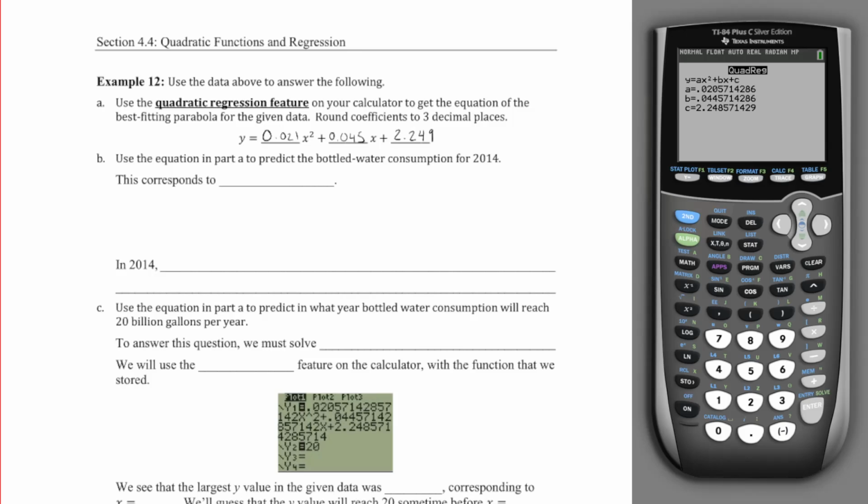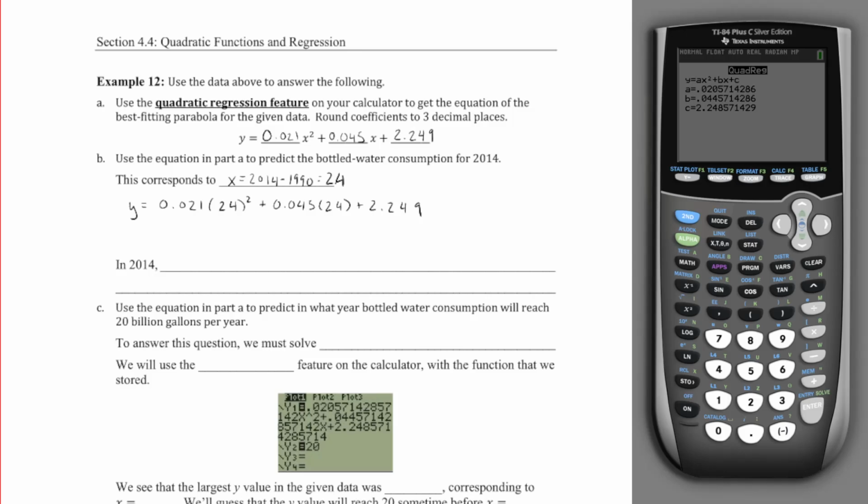So to predict the bottled water consumption in 2014, we have x is 2014 minus 1990, which is 24. So y is 0.021 times 24 squared plus 0.045 times 24 plus 2.249.